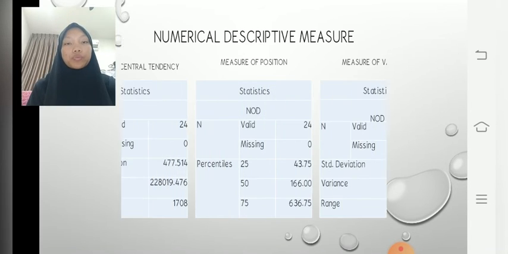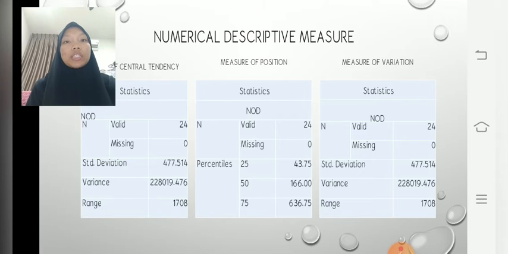So this is our data that we got from SPSS for numerical descriptive measure. For measure of central tendency, it is a little bit different from what we calculated manually for standard deviation and variance.